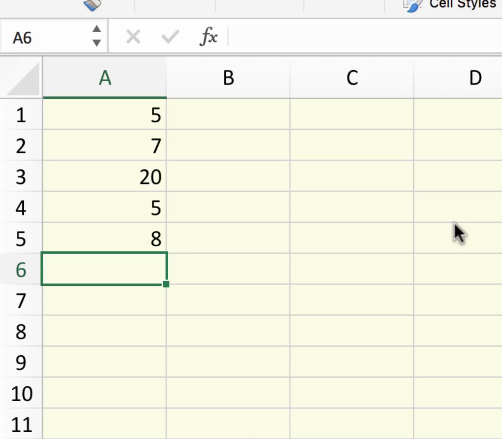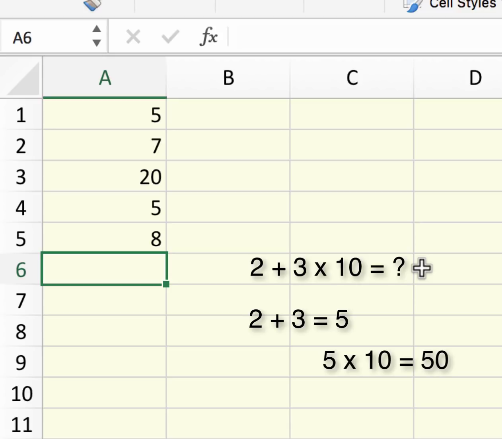What about more complicated calculations with several operations included? For example, what should 2 plus 3 times 10 equal? If you punch this into one of those $1 calculators, it would do the operations as they come. 2 plus 3 is 5, 5 times 10 is 50.